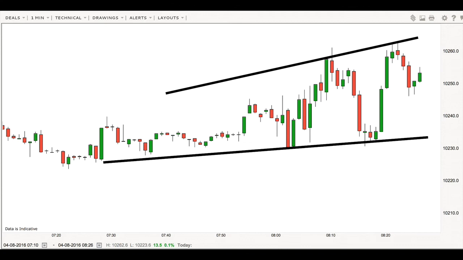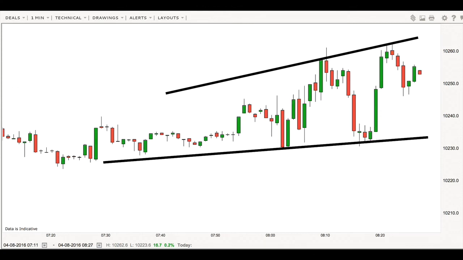Okay, so as you can see so far, price has fallen down to near the middle of the range, and if it was now to go right back up to the top of the range, then you might see a tight bit of trading at the top of the range and maybe a breakout higher. Or alternatively, price might just have reacted to the 10,250 level and is going lower.